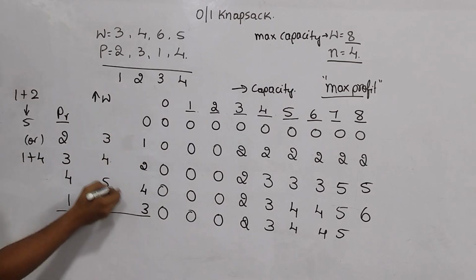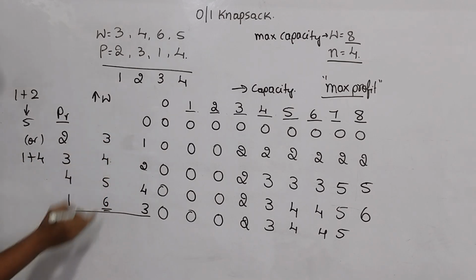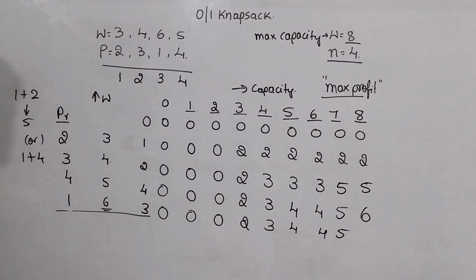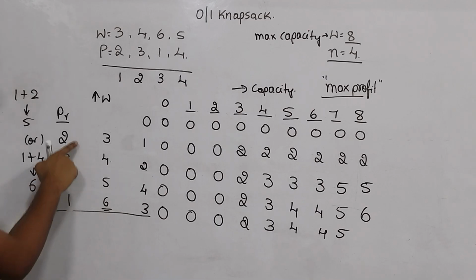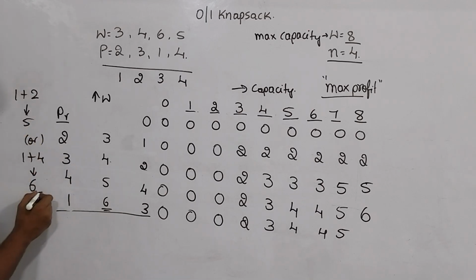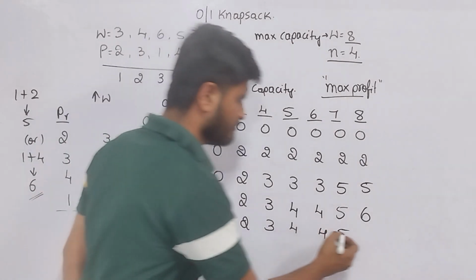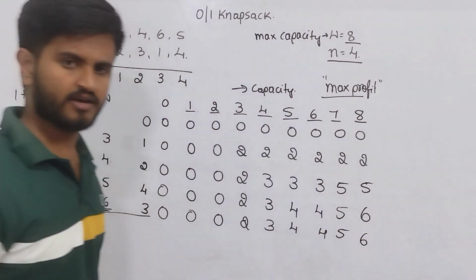If you add their weights of 5 plus 3, it will be 8, which is less than or equal to the capacity. 2 plus 4 will be the profit, that is 6. Any other combinations? No. So the profits are 2, 3, 4, 1, 5, 6. So 6 is the maximum profit. So you will be writing 6 here.